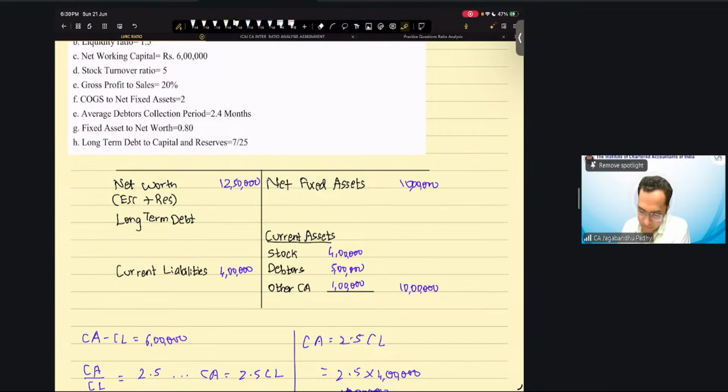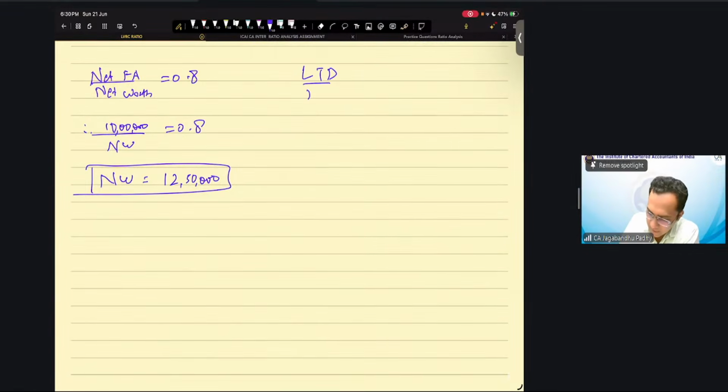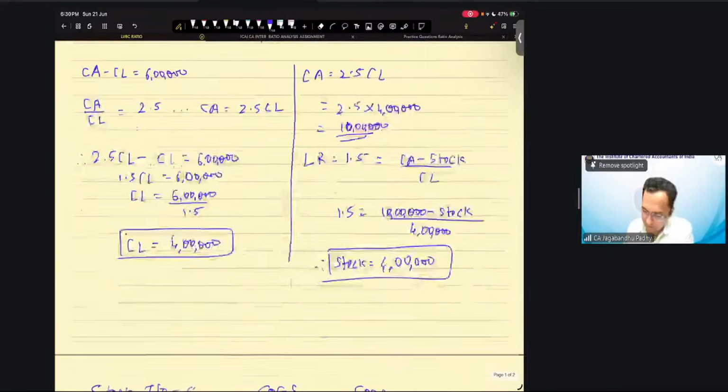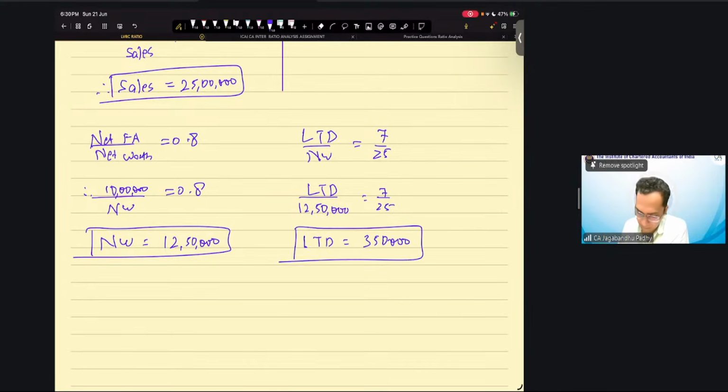And then the number that we have finally is long-term debt to capital and reserves, which is long-term debt upon net worth. Long-term debt to net worth is 7 by 25. So long-term debt upon net worth of 12 lakh 50,000 is 7 by 25. What is the value of long-term debt? 12 lakh 50,000 into 7 divided by 25 is 3 lakh 50,000.